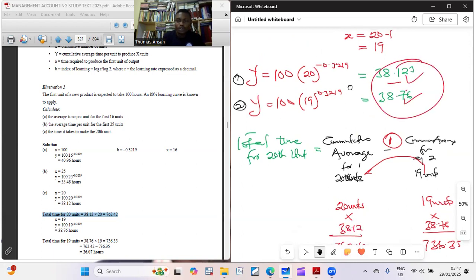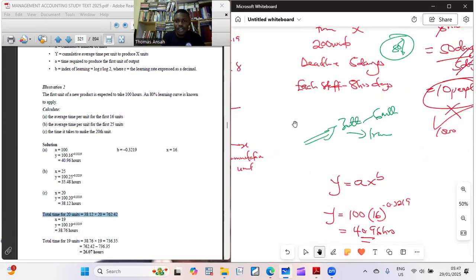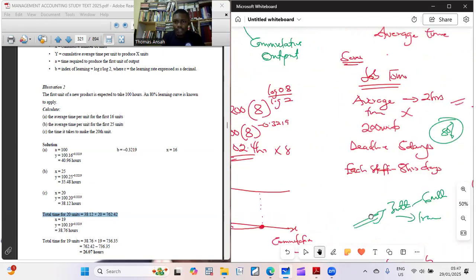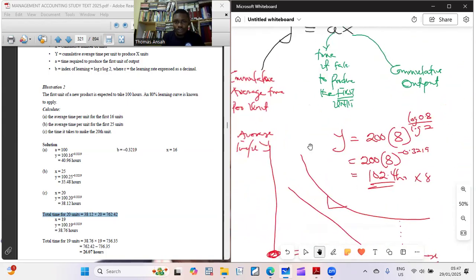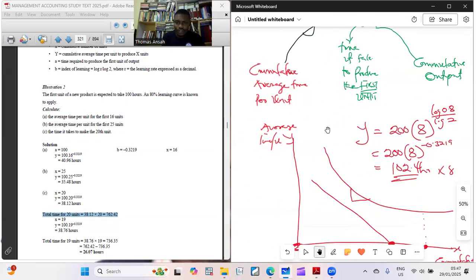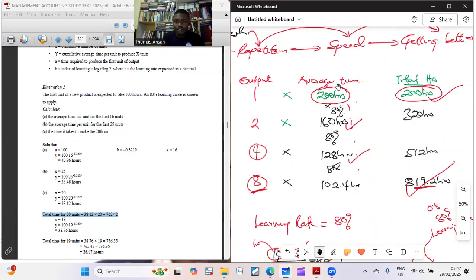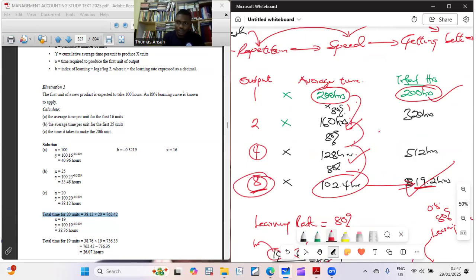And like I told you when we started, once you get the average, you know the formula, Y, I said Y is what? Cumulative average. So when you want to get the total, this is the cumulative average. If I wanted to get to the total, I multiply this.